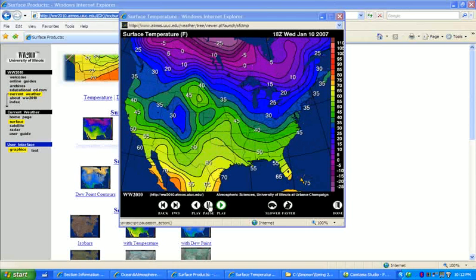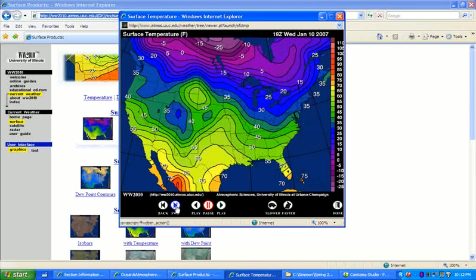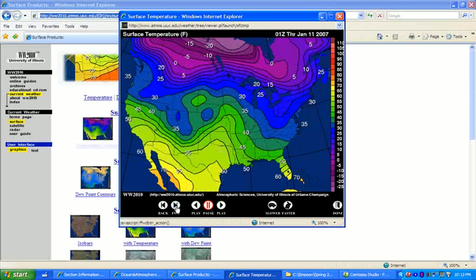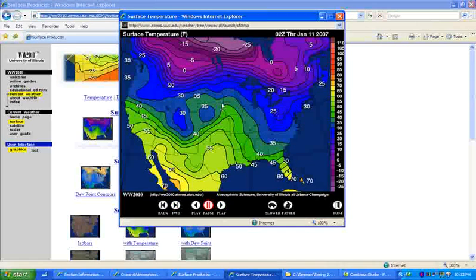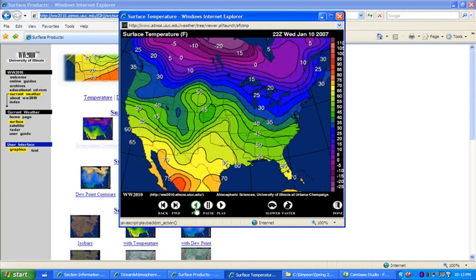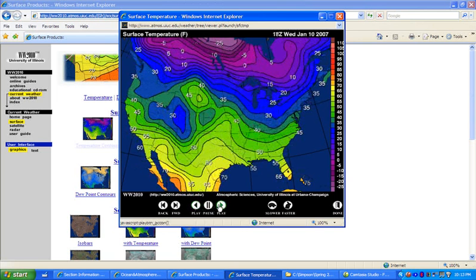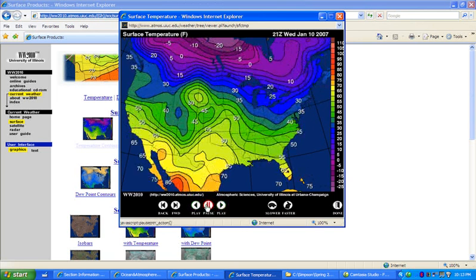Let me go ahead and slow this down here, or stop it. If I go to the latest one, which is 2Z, we'll see that 30-degree temperatures are up into central Minnesota. And in fact, if we go back a couple of frames, we see those 30s are not really getting very close to Iowa at all. In fact, what we're seeing is temperatures staying pretty steady.